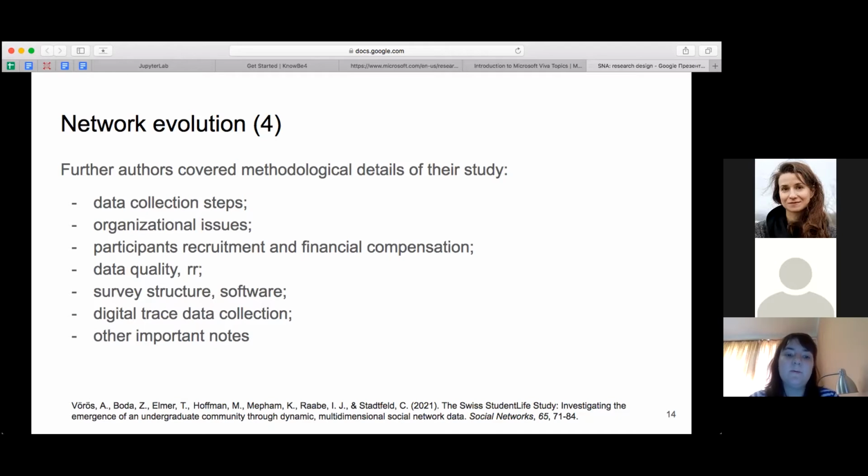Thus, it is very important to pay additional attention to the quality of the data. And one of the most important notes, to my mind, was that at some point they couldn't collect information from the social media networks of the individuals due to European Union restrictions.